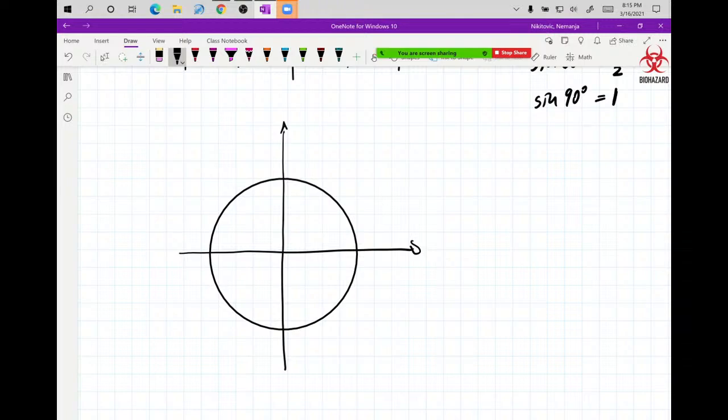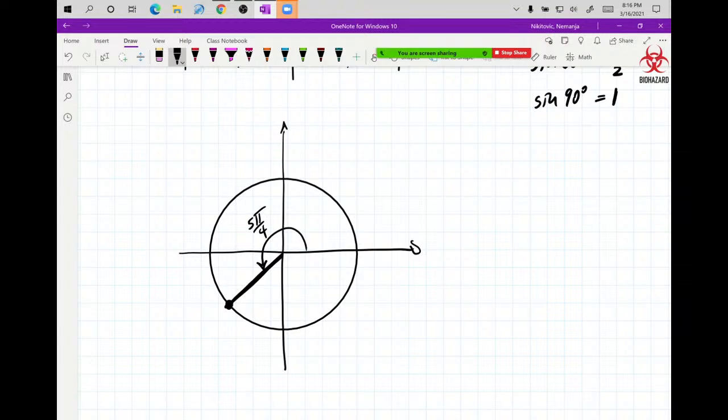So I'm just going to draw this angle here, and I will label it, if I go this way, as 1, 2, 3, 4, 5 pi over 4, right?